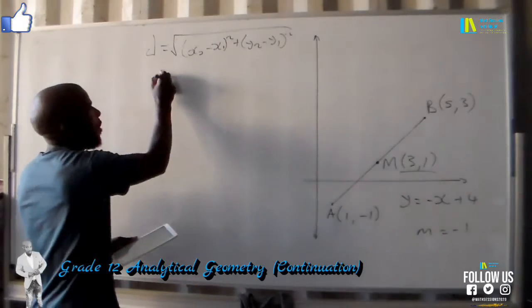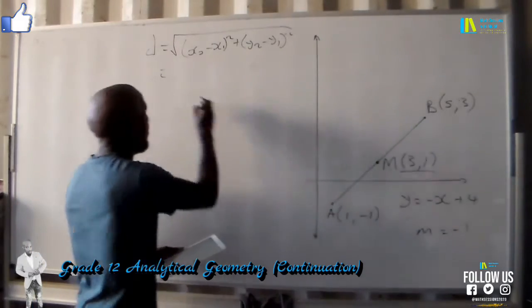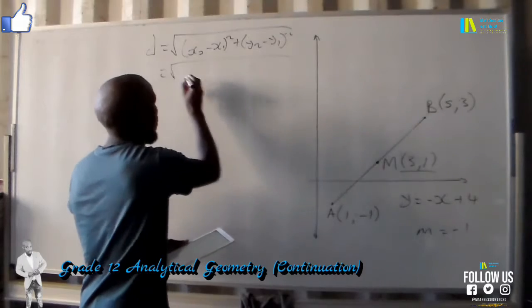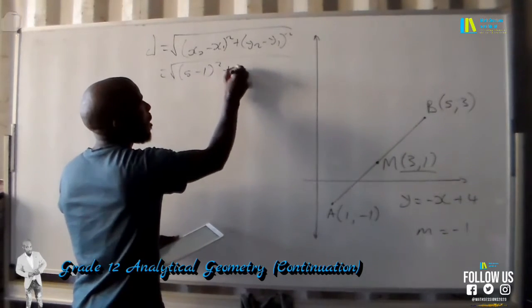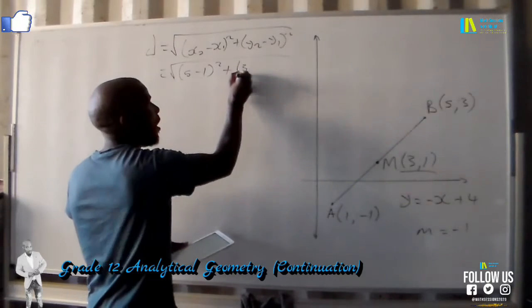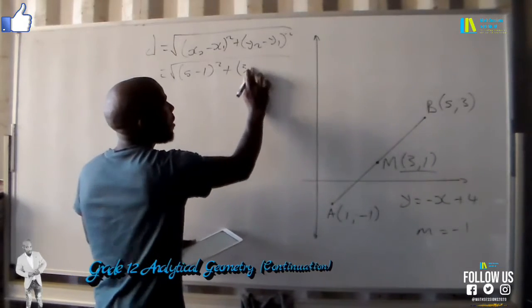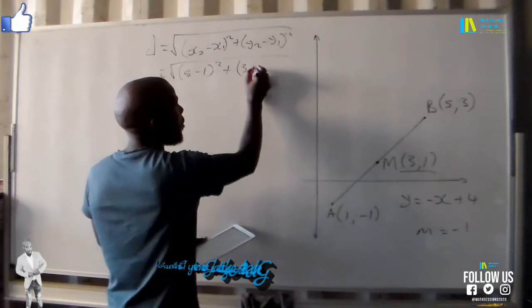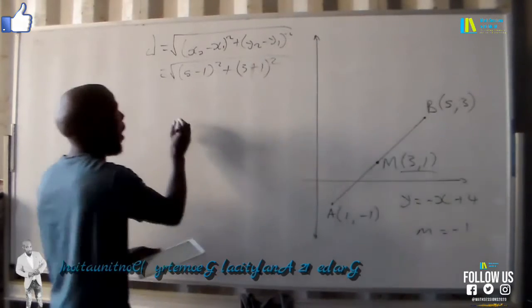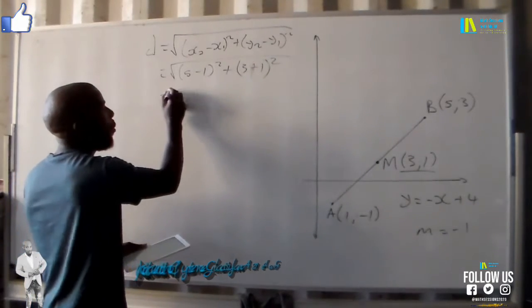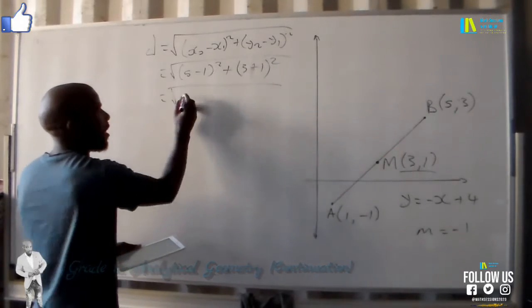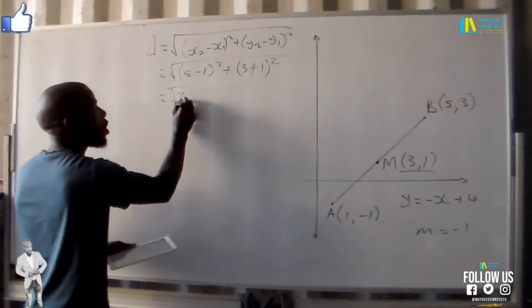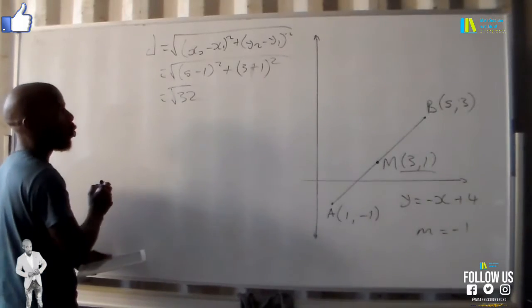We take our points A and B, and our x2 is 5 minus 1, squared, plus y2 is 3 at point B, and y1 is -1. That becomes our +1. So this is now 4 squared plus 4 squared, that is 16 plus 16, which is 32. So we have a square root of 32 right here.